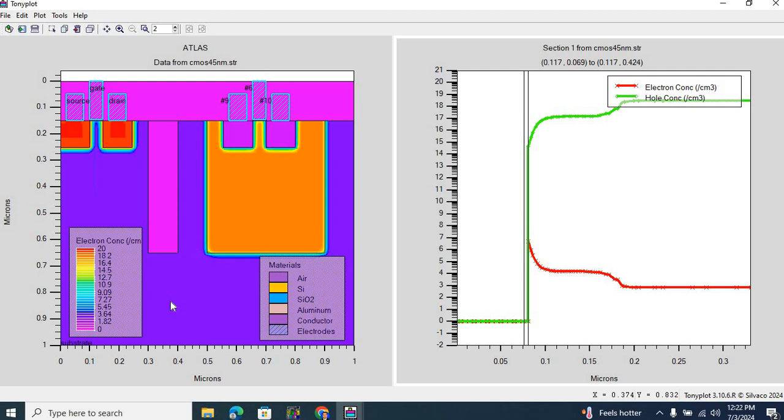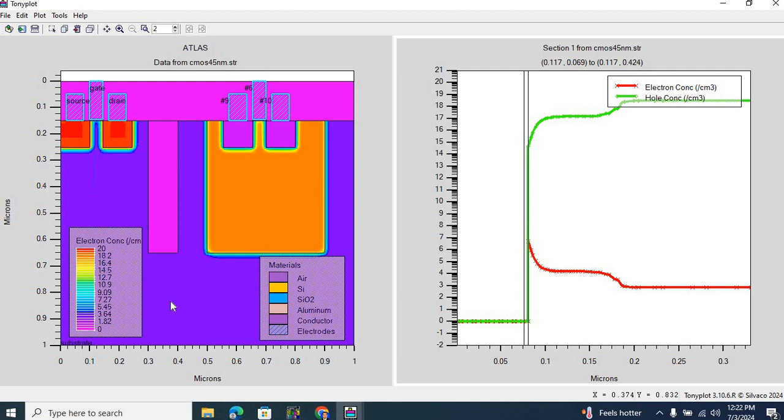We have a really simple formula for that. N times P is equal to ni squared, or the product of the electron concentration and the whole concentration is equal to the intrinsic carrier concentration squared. What is the intrinsic carrier concentration of silicon? Approximately 10 to the power of 10.